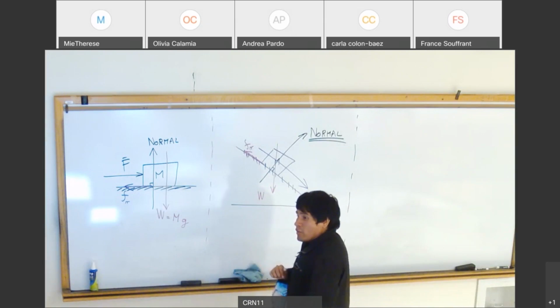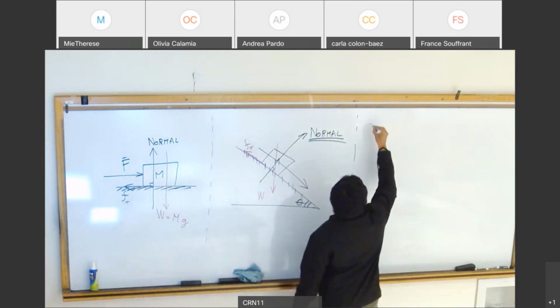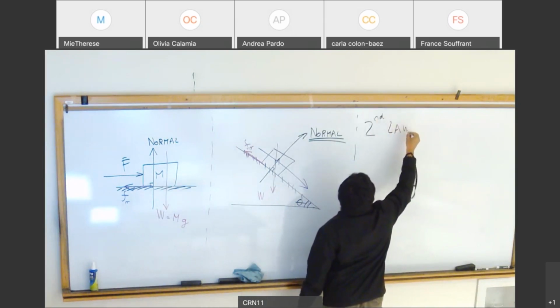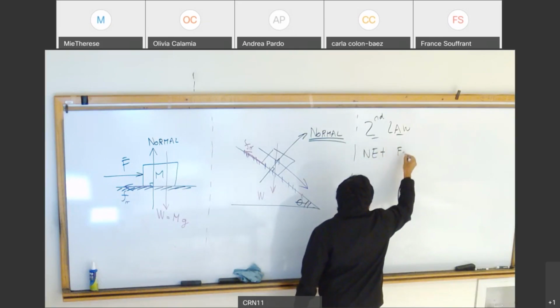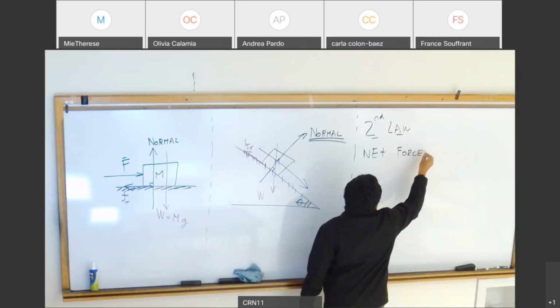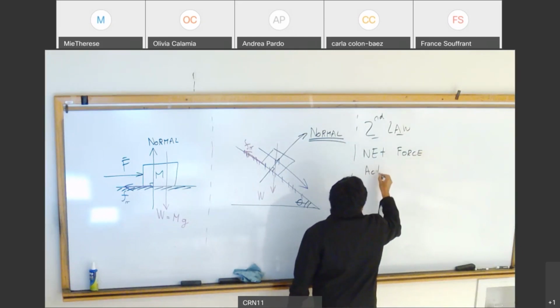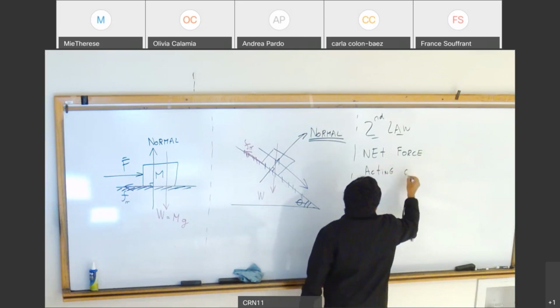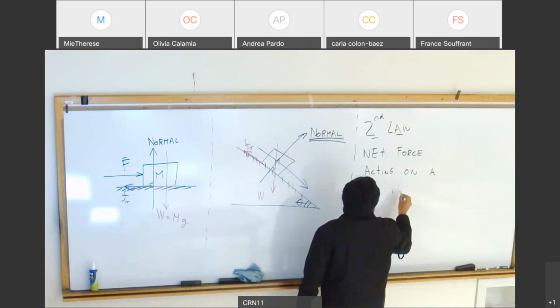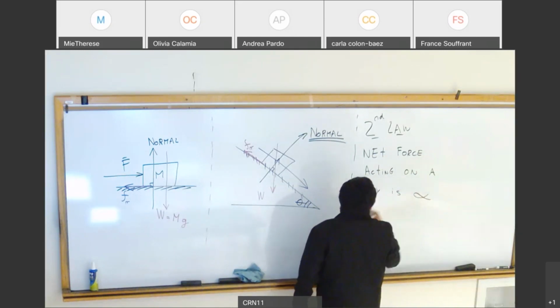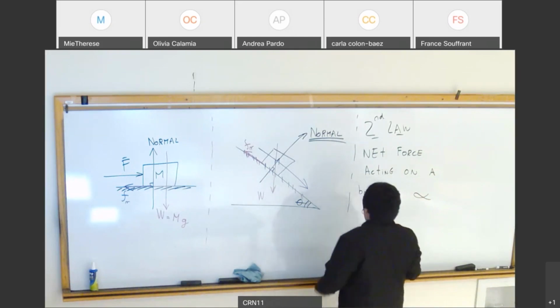Newton's second law states that the net force acting on a body is proportional to the acceleration.